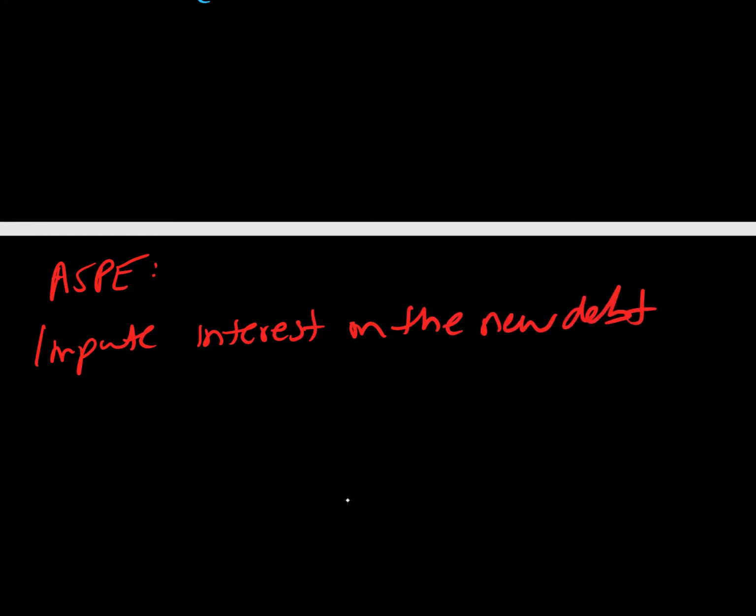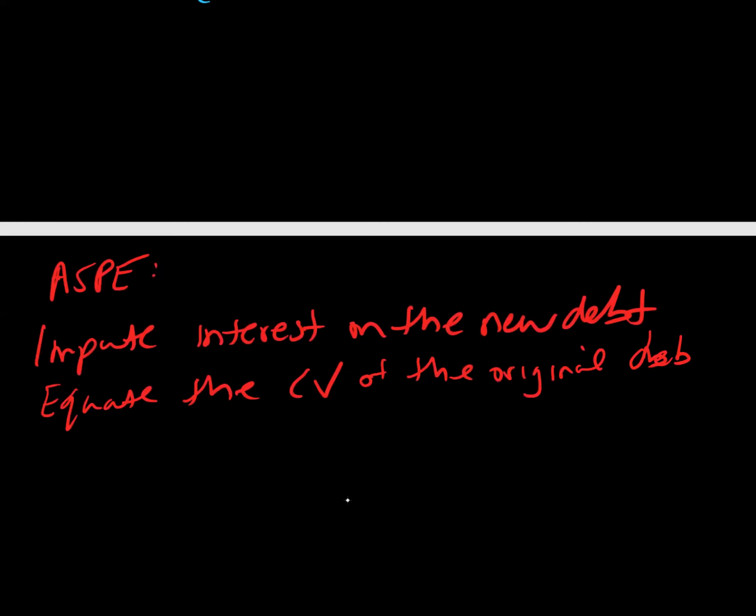Again, it's not different debt, it's just a new debt arrangement. The way that ASPE does this is it equates the carrying value of the original debt with the present value of the revised cash flows.